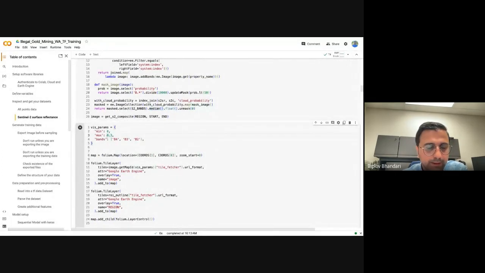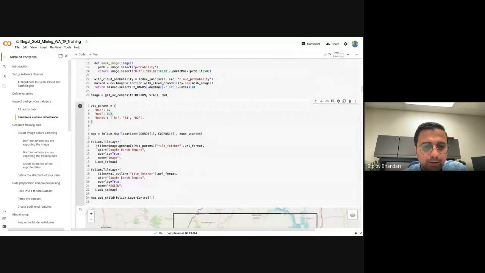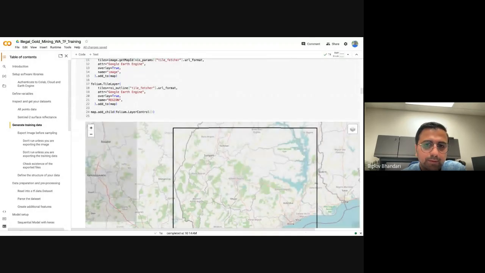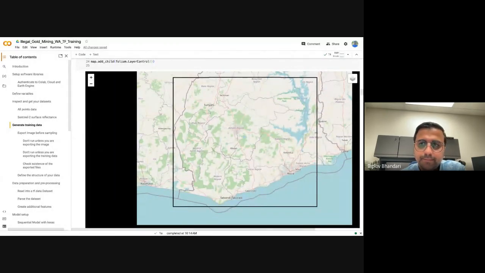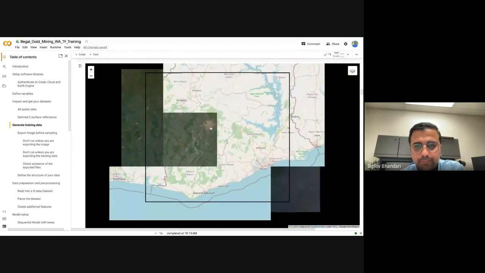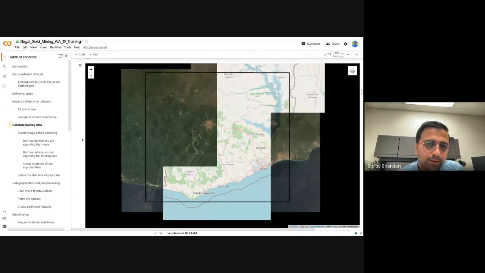Next we'll go ahead, similar to what we saw before, initializing the map, adding that particular image to the map and visualizing it. Okay, so now we have this composite map.